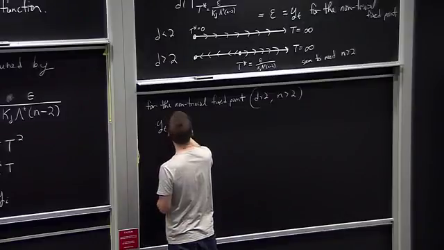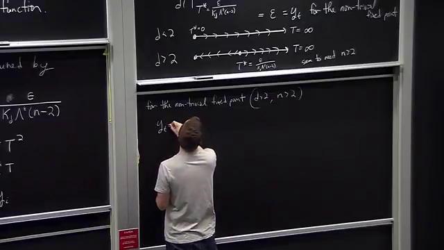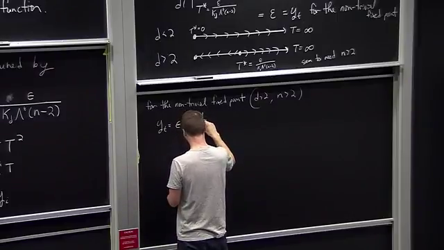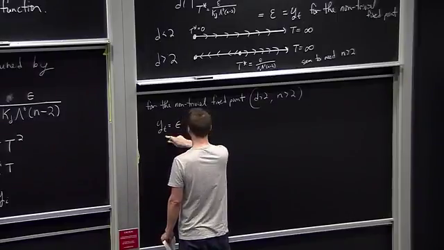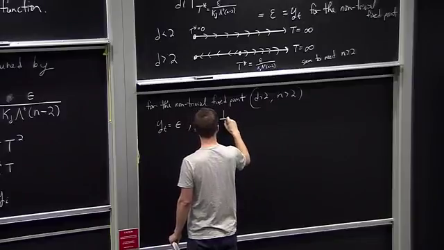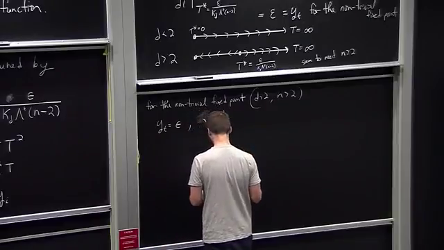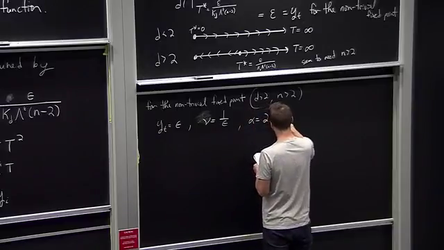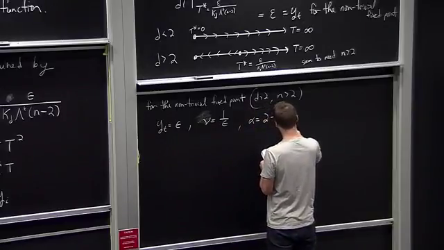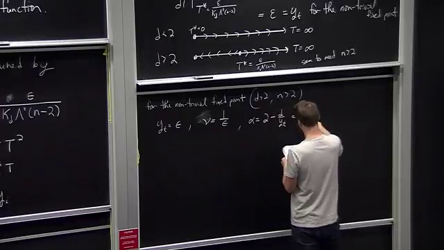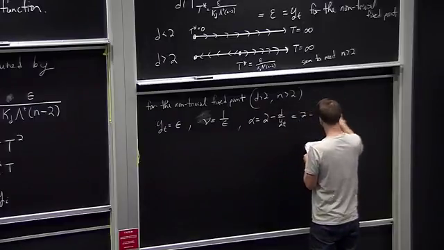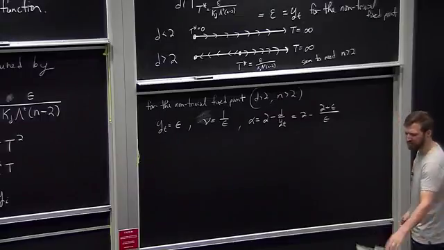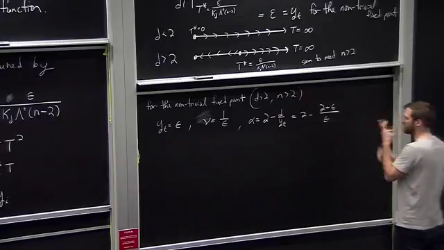So y_t was epsilon, which means 1 over nu is epsilon, so nu is 1 over epsilon. Alpha, from your notes, is equal to this. These exponents are independent of n, but they depend on epsilon.